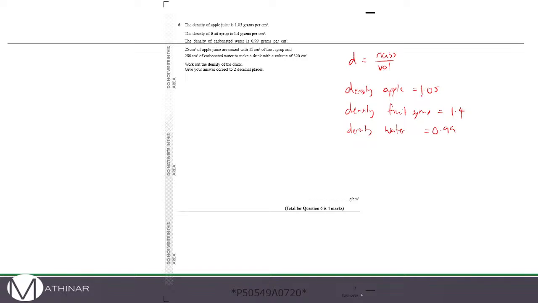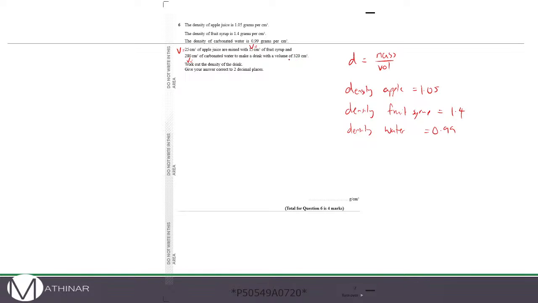Now 25 centimeters cubed, so that's a volume, is mixed with 15 centimeters cubed, also a volume, and 280 centimeters cubed, again a volume, makes a drink with a volume of 320. Work out the density of the drink.